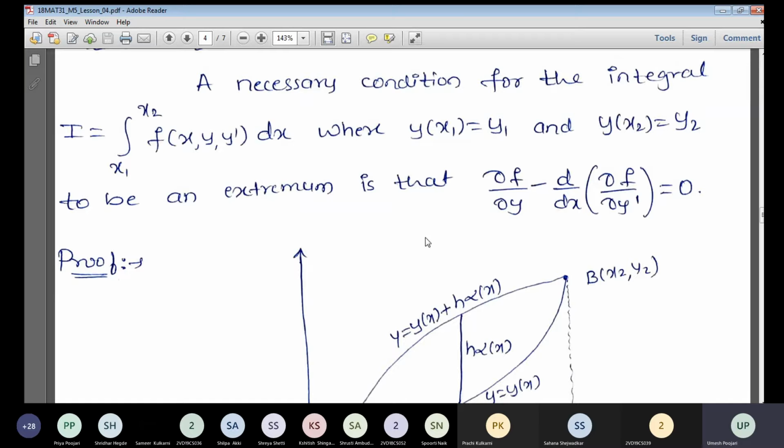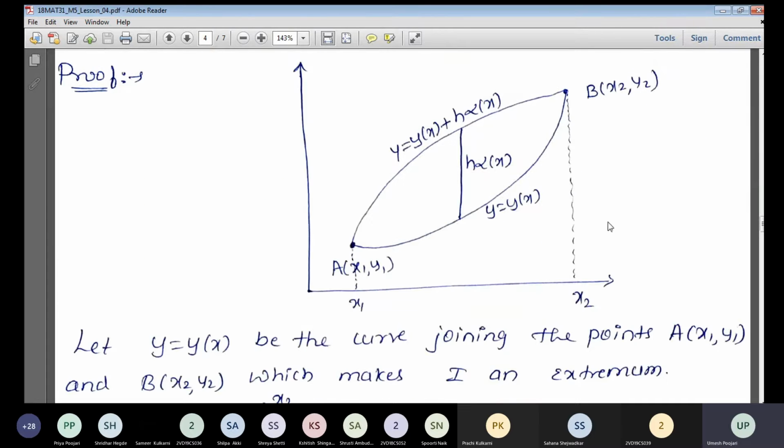Now y(x1) equal to y1 and y(x2) equal to y2 are any two points on the curves. First, we shall consider any two points in the xy plane. A(x1, y1) is one point, B(x2, y2) is the second point. Let y equal to y(x) be the curve joining these two points A and B. Clear?